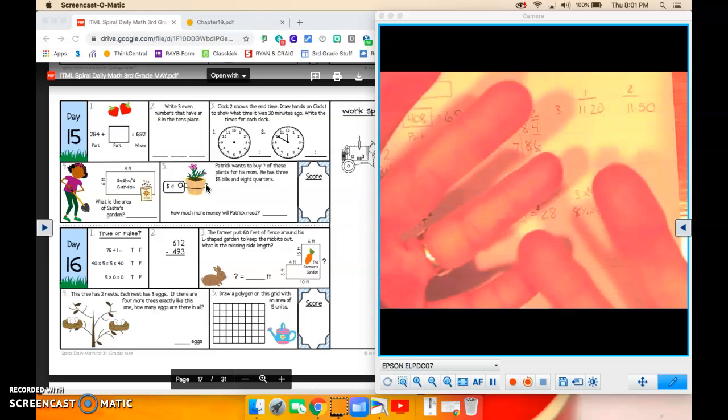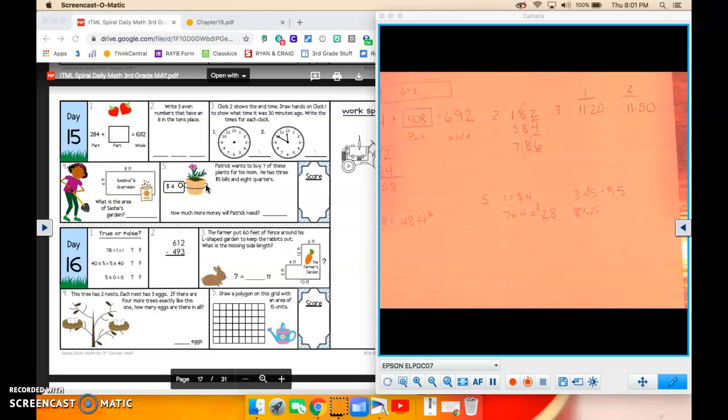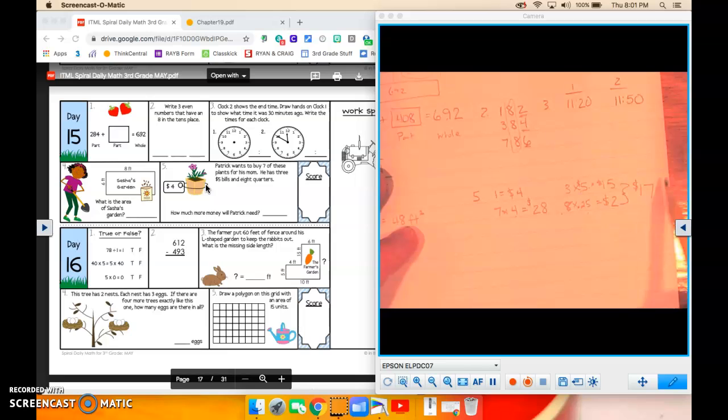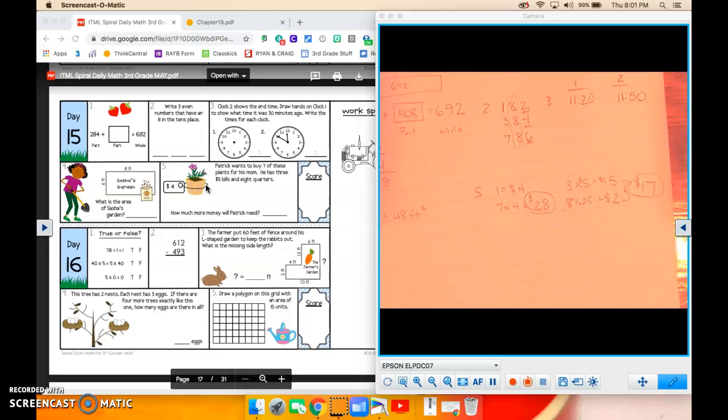So the 8 quarters equals $2, okay? So that means you have to combine those, right? Because he has the 3 $5 bills and the 8 quarters. So that equals $17 is how much he has.